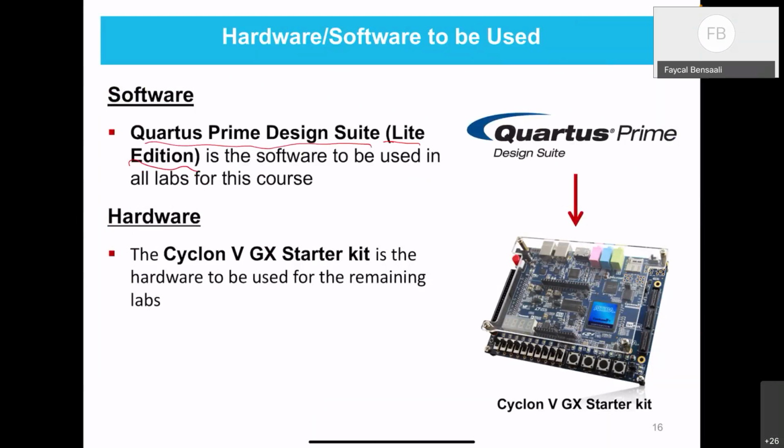You can install it on your laptop as well. We have it installed in the computer lab, and we have this FPGA board that you will use. I think the first session, once you start FPGA and VHDL, will be familiarization with the software and hardware tool, and step-by-step how to use things.